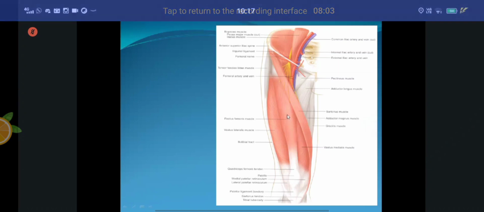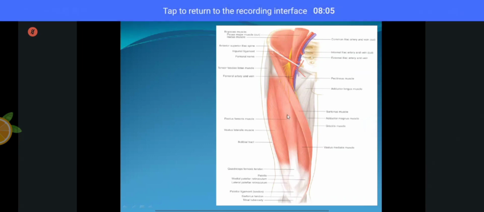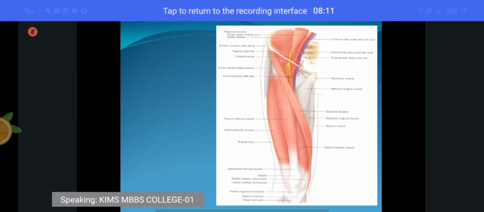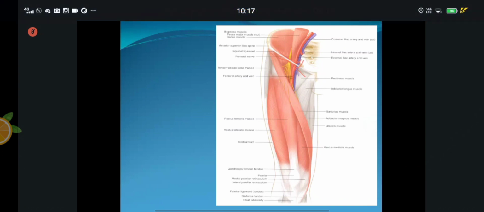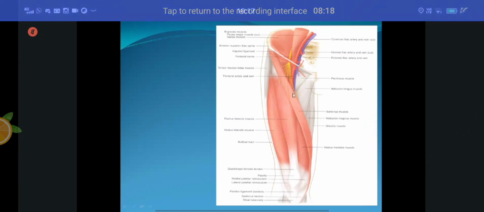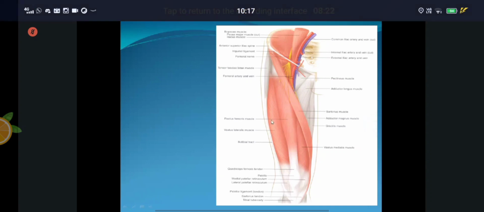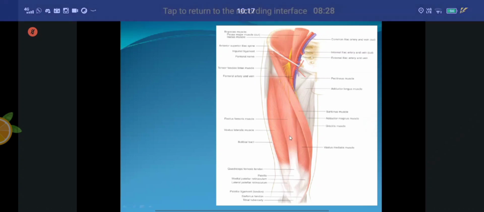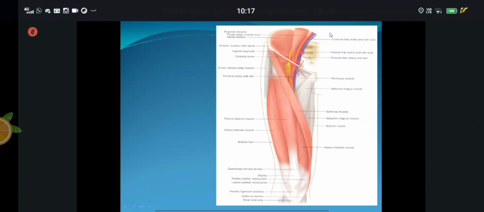In one word, the nerve of the extensor compartment of the thigh is the femoral nerve, because it supplies the muscles in the extensor compartment: the sartorius, the rectus femoris, and the vastus medialis, lateralis, and intermedius. So this is all about the muscles which you find in the anterior aspect of the thigh.